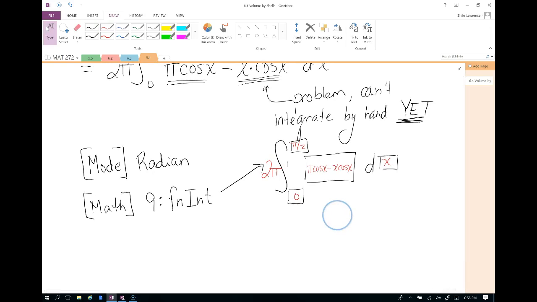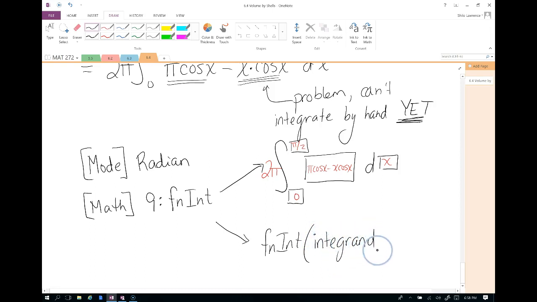If your calculator is a little bit older, all it's going to do is put FNINT on your home screen in a parenthesis. So it still wants all of this information, but we just need to know the order to enter it. So you always enter your integrand first. That's the function that you're trying to integrate.